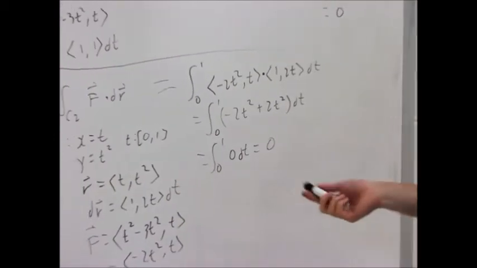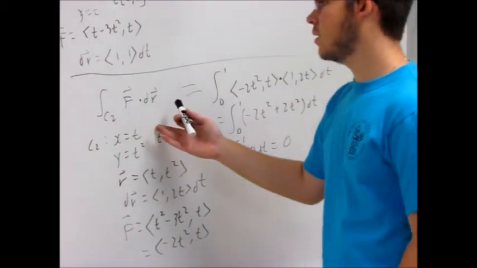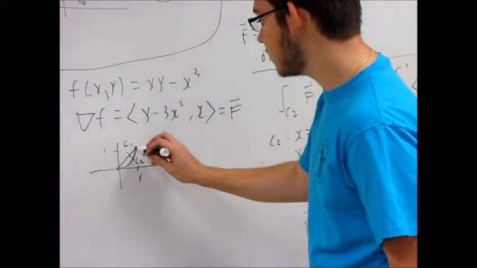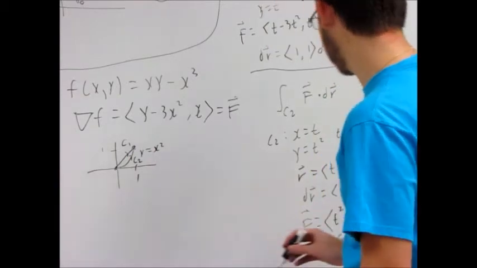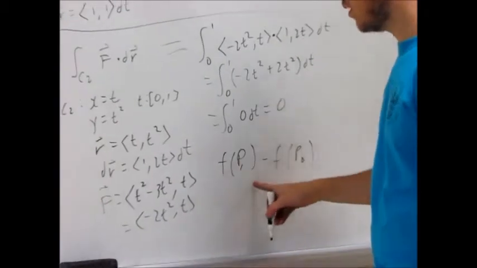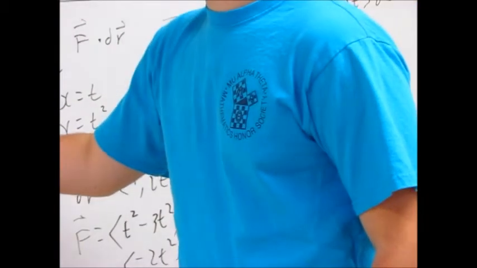And finally, let's do it another way. If we knew that it was the gradient of this original function f, then we should just be able to evaluate f at this point and subtract it from f at that point. F at p1 minus f at p0. So p1 is just 1 comma 1.